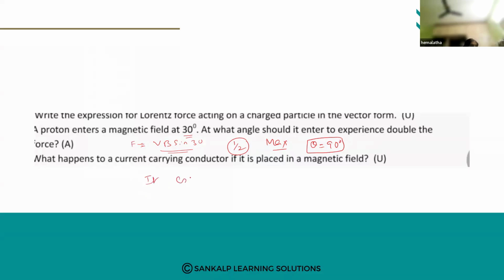The conductor generates its own magnetic field around it, so two types of fields will be there: the external magnetic field and the conductor's own. The current carrying conductor experiences a force, and a magnetic force is also there.